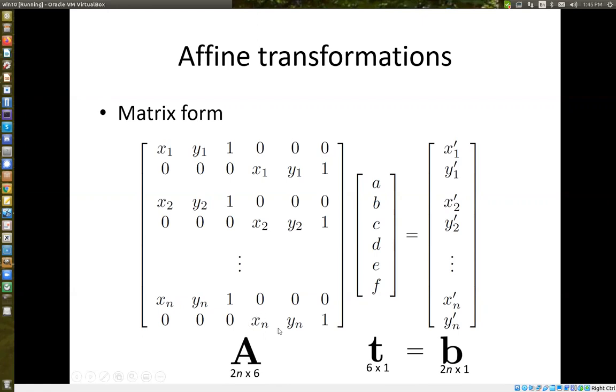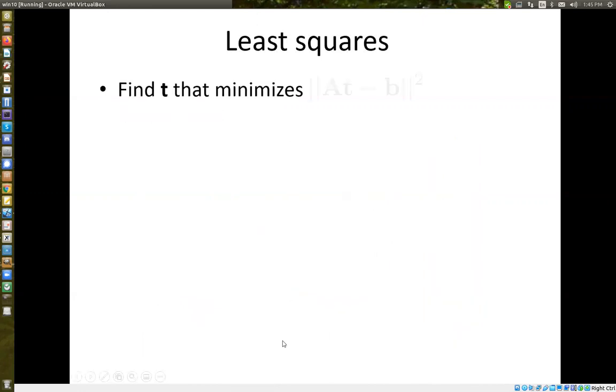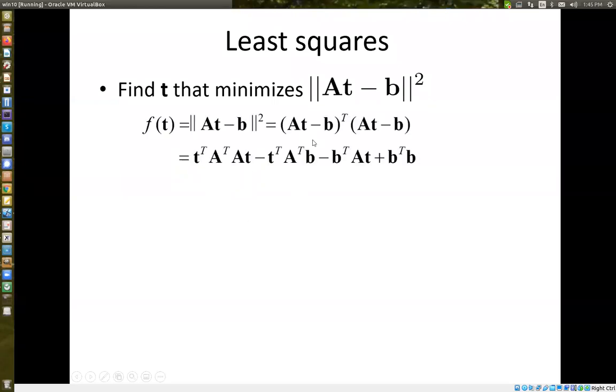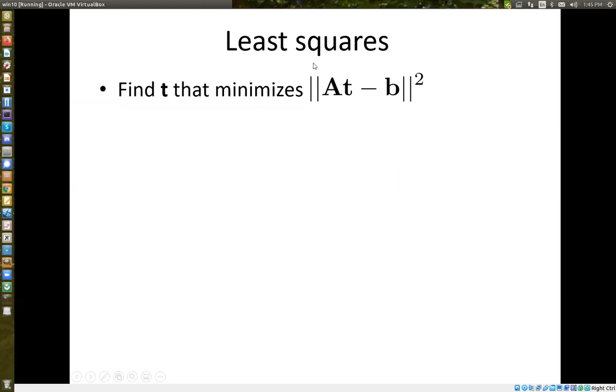I guess we talked about that before, or maybe in another class, so I won't go into the details. This is just solving Ax minus b, trying to minimize the second norm of Ax minus b.